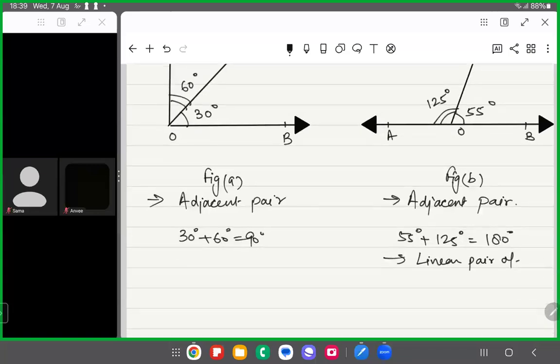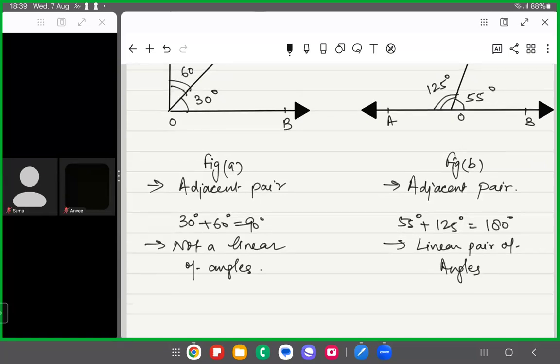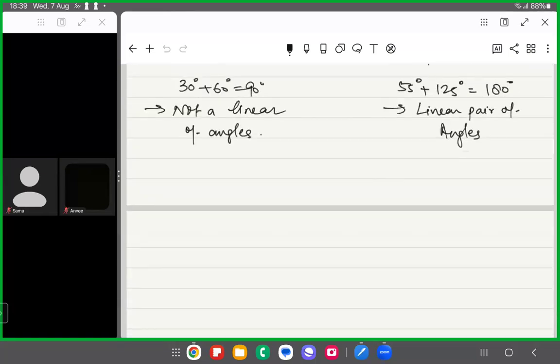This is not a linear pair. Why? Because the sum is not 180 degrees. Is that clear? What is the difference between an adjacent pair and a linear pair of angles? Now, there are some other results based on the theorems.